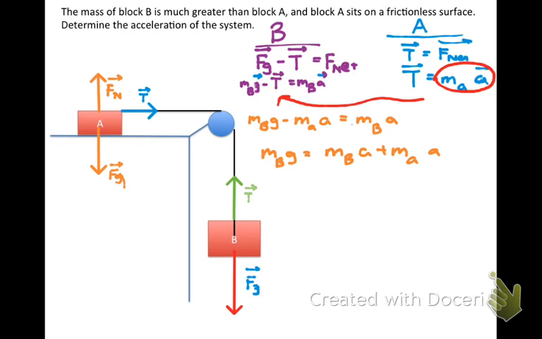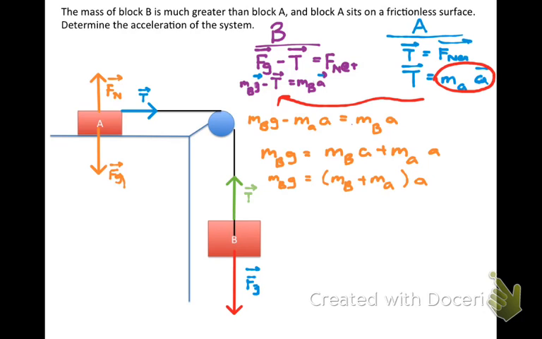And they have a common term there, so we can factor it out. Mass B times gravity equals mass B plus mass A, times the acceleration.